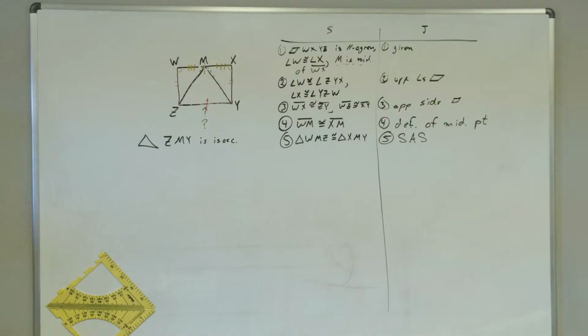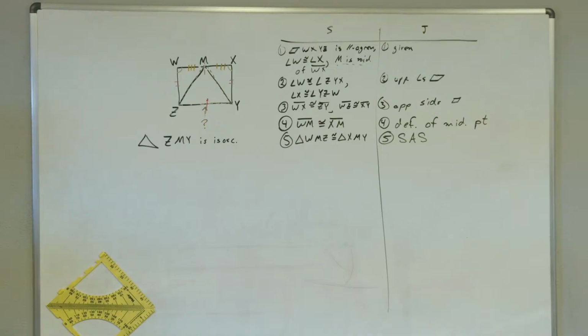Now what can we say? Remember, we're trying to prove ZMY is isosceles. There's two ways to do that we know of, right? What are they? Two congruent sides. What else? The one we're not going to use, right? Not supplementary.